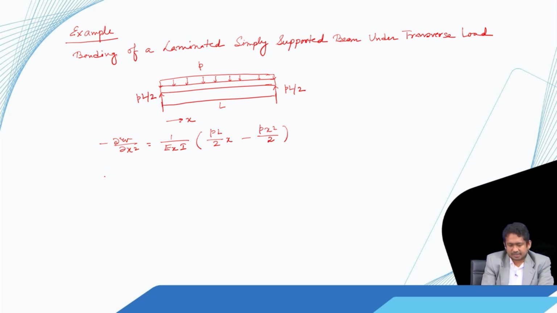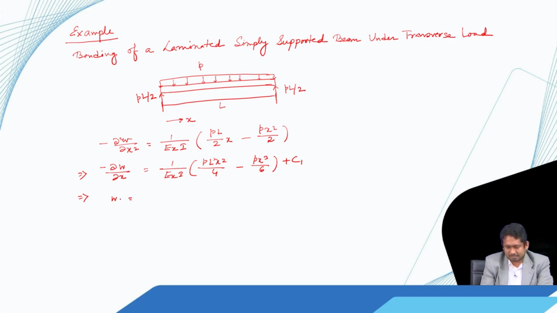Now, we can integrate this equation and that gives us minus del w by del x is equal to 1 by EI, and that becomes PL x square by 4 minus P x cube by 6 plus C1, and we can integrate once more.